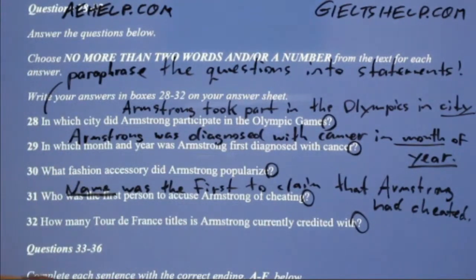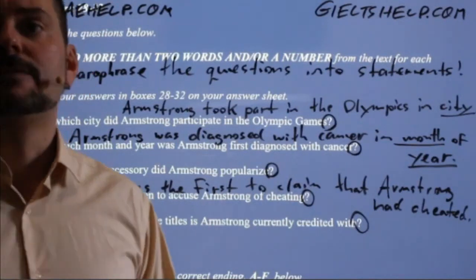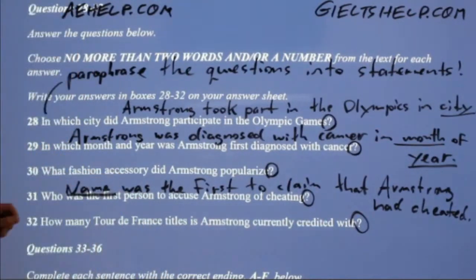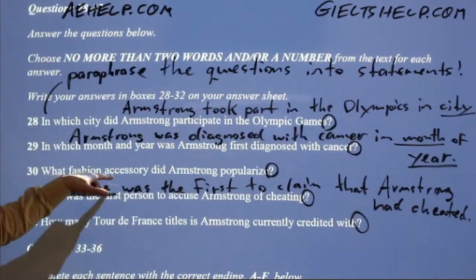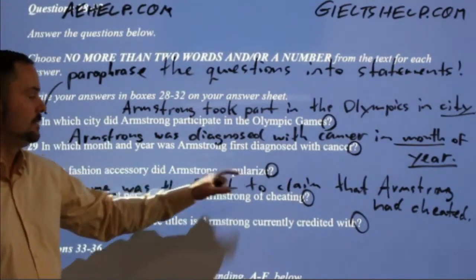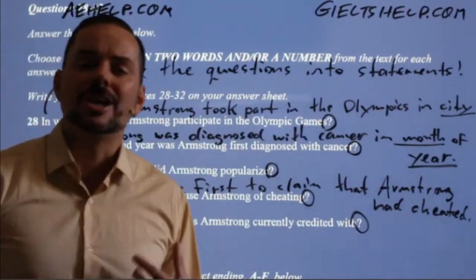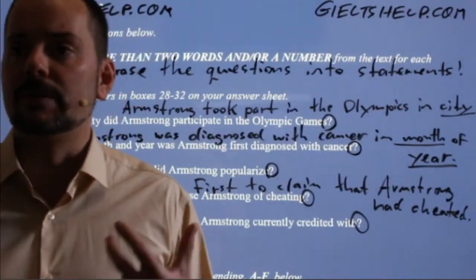Okay, Ferdov's good try, but I don't think it's correct. Okay, so Ferdov says he made popular an accessory in fashion. It's not he made popular, it's what fashion accessory did Armstrong popularize. So the what is the object. So you have to somehow change that into the part of the statement.